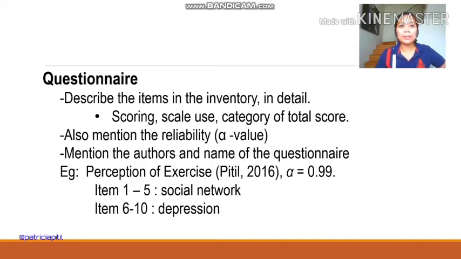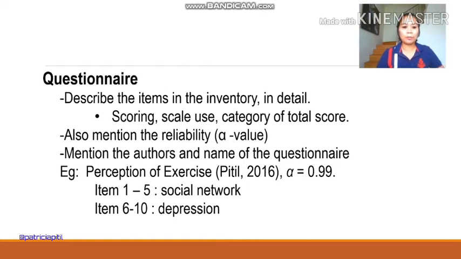This requires you to search in the journals or in the literature available on the internet for the alpha value, because it relates to the reliability, or the internal consistency, of the questionnaire. Mention the author's name and the name of the questionnaire. Most of them will have their own name.